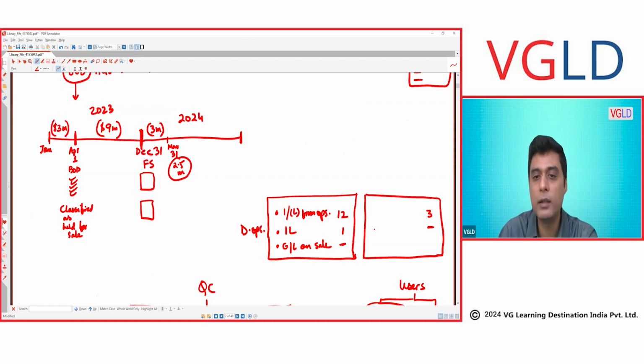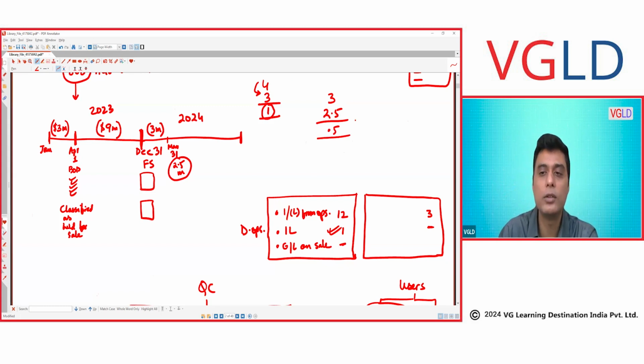Impairment loss, there will be nothing, but the gain or loss on the actual sale will be shown. Last year it was 3 because we had brought it down from 4 to 3 by booking an impairment loss of 1, right? So now its value is standing at 3. We have sold it for 2.5. So now there is a loss of $0.5 million. So that will appear over here.